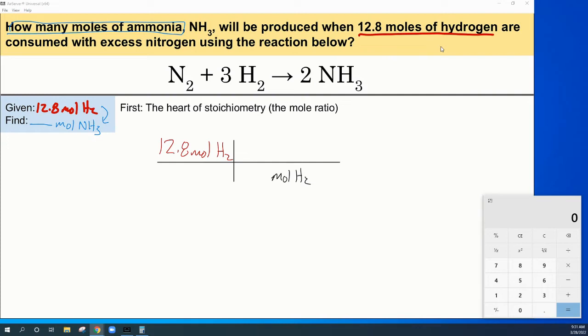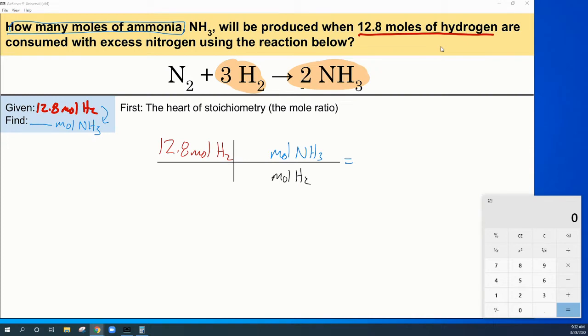Notice I have moles of hydrogen here, so I want moles of hydrogen on the bottom to cancel it off. And what I want to find, I'm going to put on top. In this case, I want to find moles of NH3. This ratio is going to come from the chemical reaction: 2 moles of ammonia are produced when 3 moles of hydrogen are consumed. So I'm just going to put those values in.